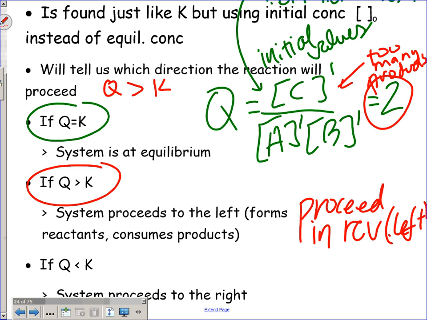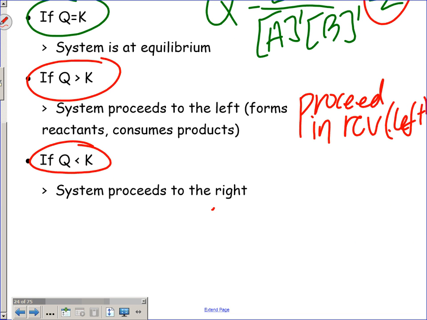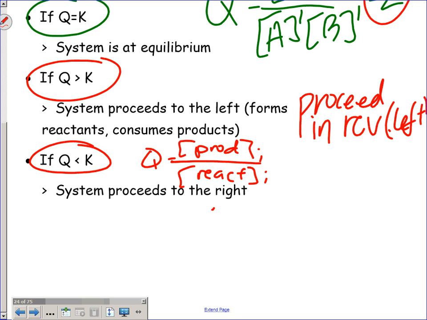So mathematically, if Q is less than K, my Q being concentration of products initial over concentration of reactants initial, what's my problem here? Do I have too many products or too many reactants? Because it's going to pull the value down, right? A large denominator means the value gets smaller.